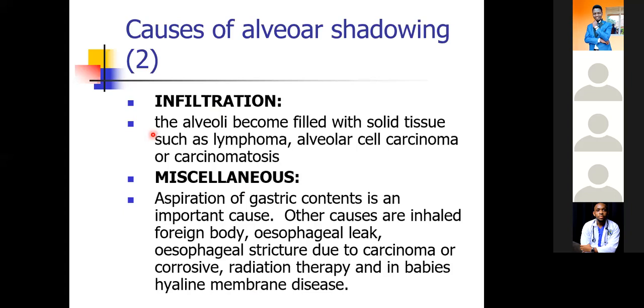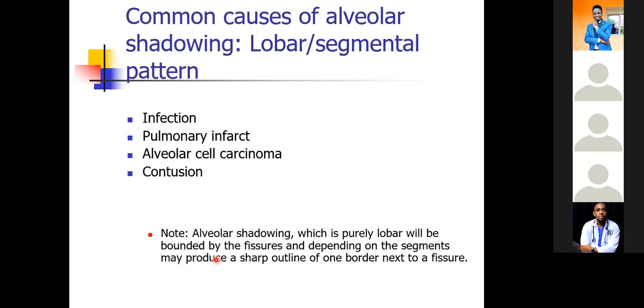Then we also have these other miscellaneous situations, leakage of gastric contents into that area, aspirations, foreign bodies or foreign materials. All those can result in opacification of those spaces.